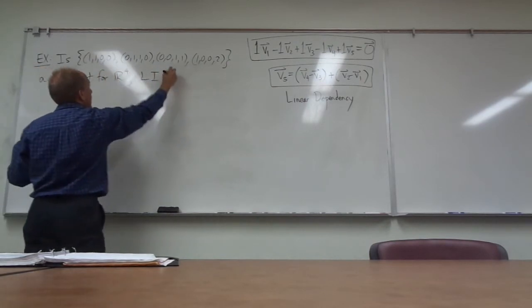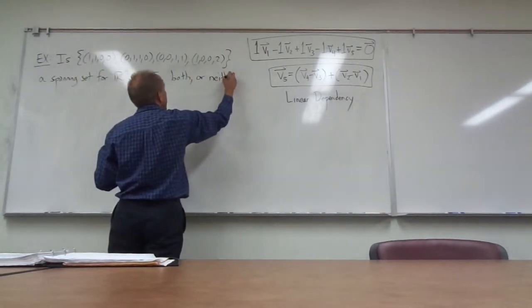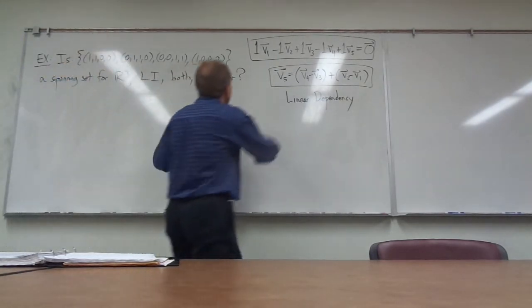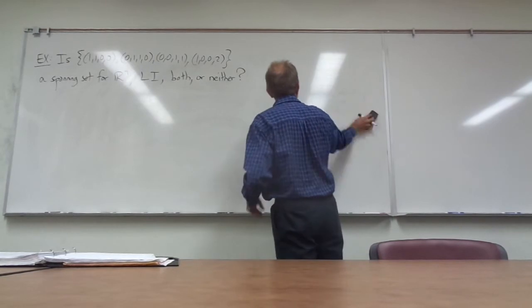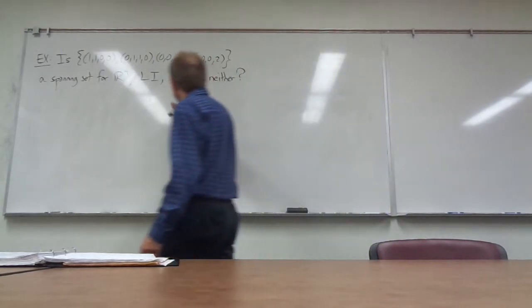Is it linearly independent? Is it both? Or is it neither, right? These are the kind of questions I like to ask in Math 250B, or in the theory of vector spaces more generally.